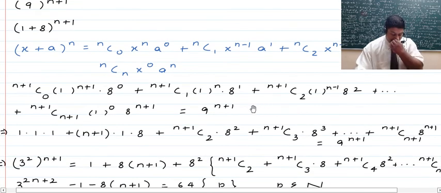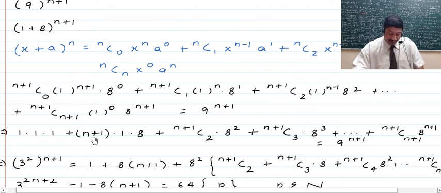Now children, here further what has been done is we now calculate the value of the first two terms. That comes to nC0, which is the first binomial coefficient, always 1 for any binomial theorem with a natural number power, multiplied with 1 raised to any power, which is always 1, and any number raised to the power 0 is 1. So the product of all of these three comes to 1.